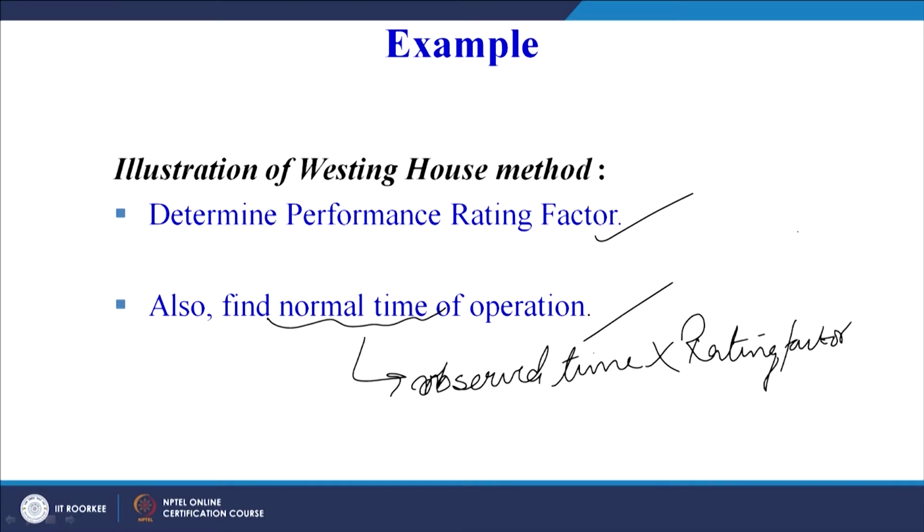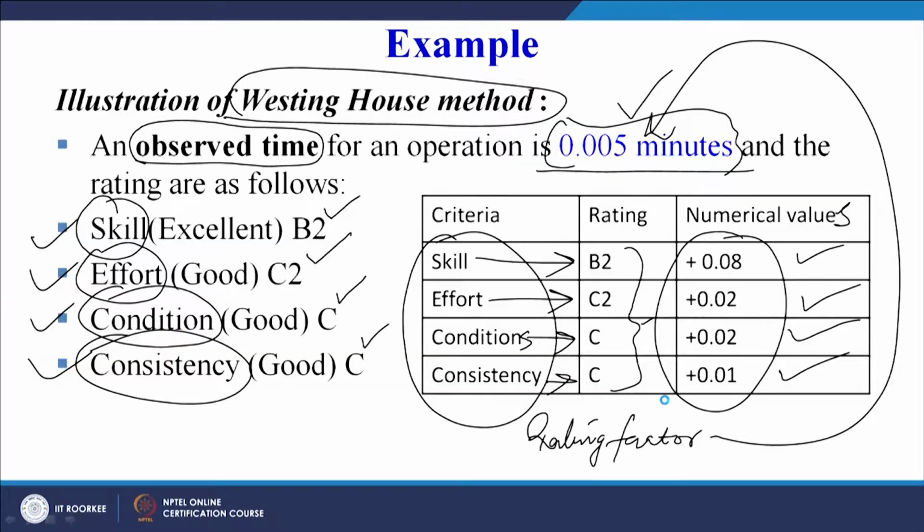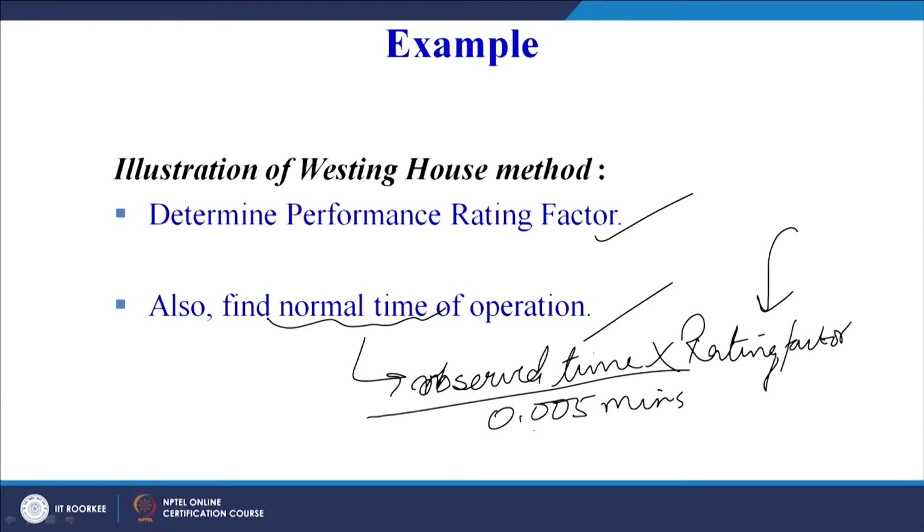So first, the observed time is already given to us, 0.005 minutes. If I am correct, I will again go and check. I think it is 0.005 minutes, it is correct. But what is the rating factor? That rating factor we have to find out. So let us now see what the rating factor is.